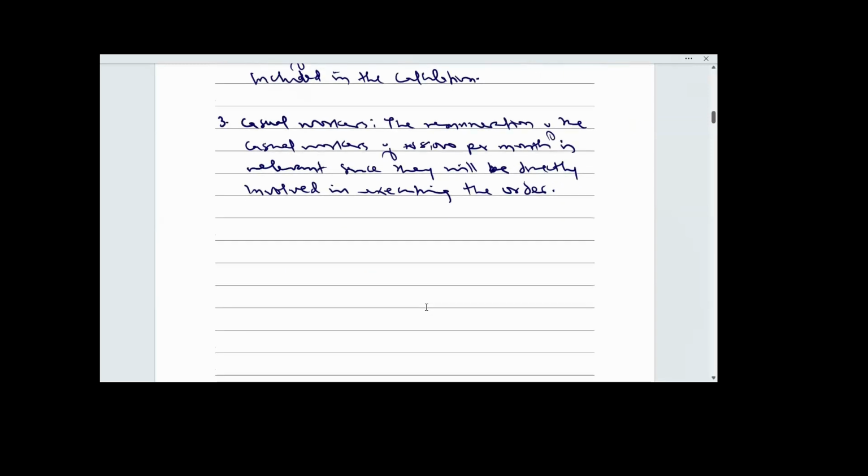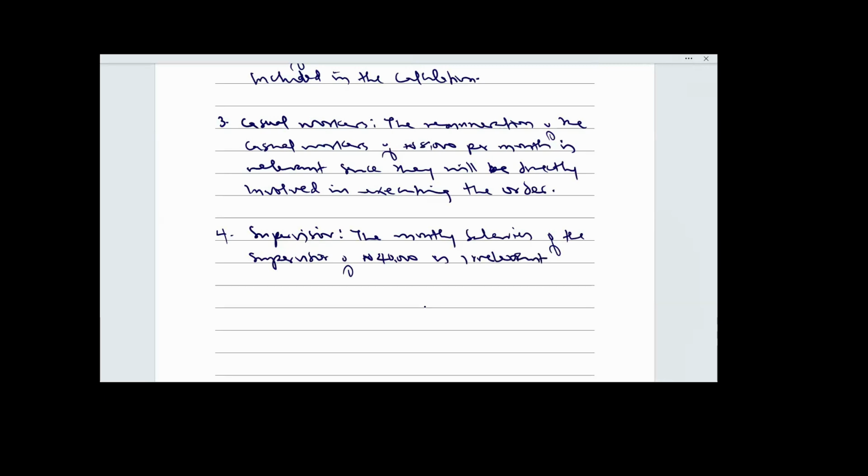Then supervisor. Number 4, supervisor. The monthly salaries of the supervisor of 40,000 naira is irrelevant, because the supervisor will be paid irrespective of the decision taken on the special order.